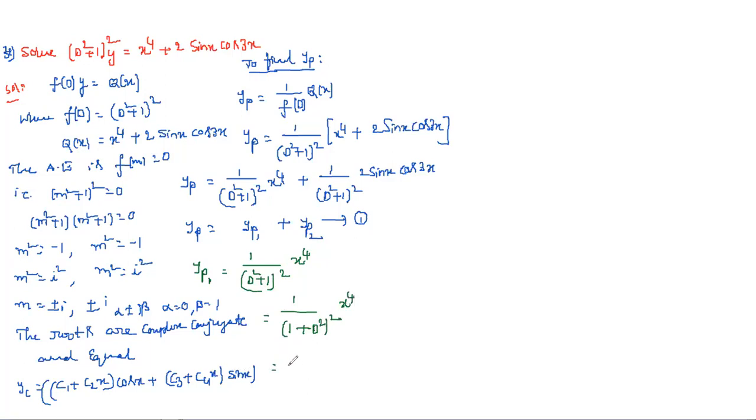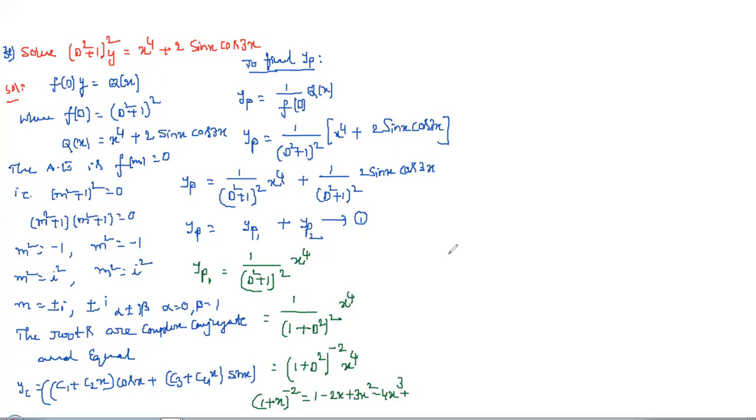Taking this into the numerator, it changes to (1 plus D square) whole power minus 2 into x power 4. Which expansion can we use? This is in the form of (1 plus x) whole power minus 2, which is 1 minus 2x plus 3x square minus 4x cube plus and so on.